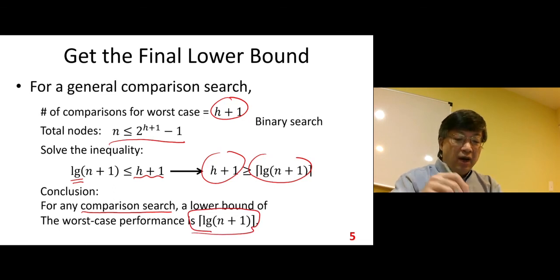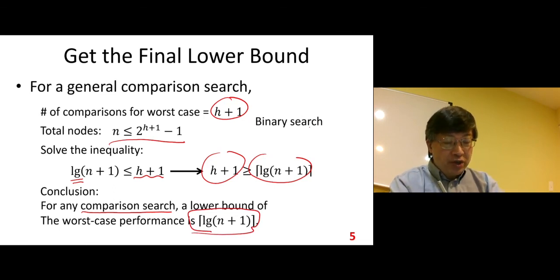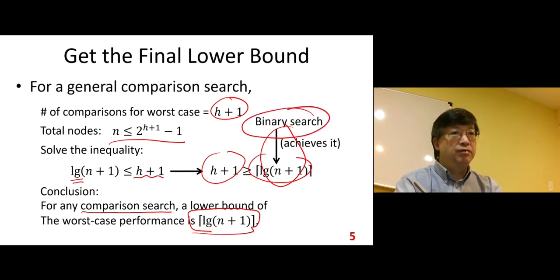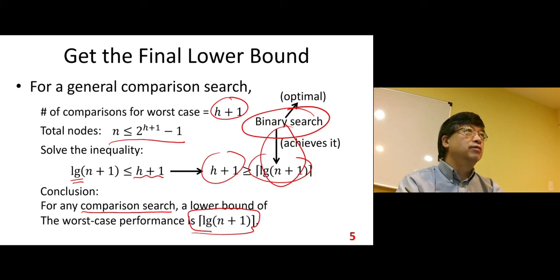And for binary search, we actually achieve this lower bound. So it is possible to get this lower bound for a particular comparison search, that is the binary search. This means the binary search is optimal. So we prove the binary search is optimal among all the comparison searches.